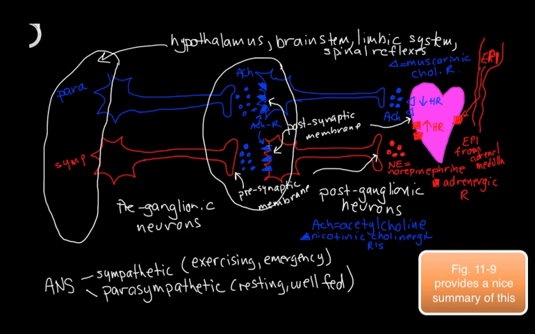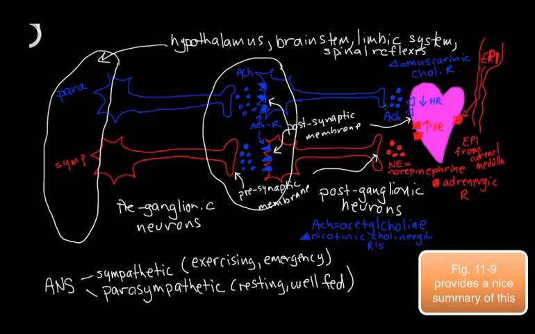The presynaptic membrane of this neuron is where it's releasing the neurotransmitters. The postsynaptic membrane is where it has receptors. So if we looked at the postganglionic neuron in the parasympathetic nervous system, then for this neuron, its postsynaptic membrane is this one here with the acetylcholine receptors, and its presynaptic membrane releases acetylcholine.